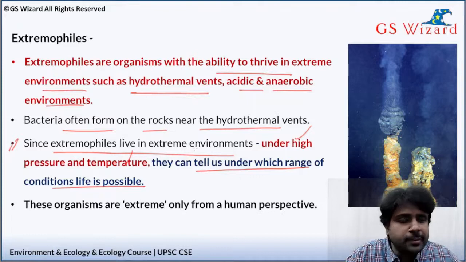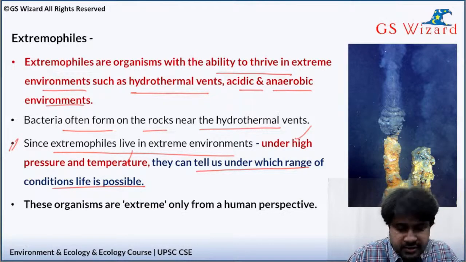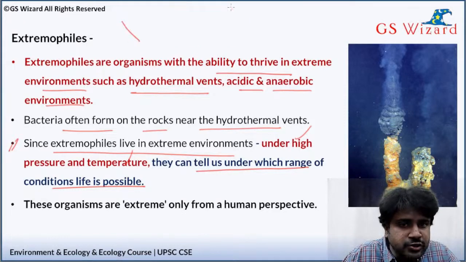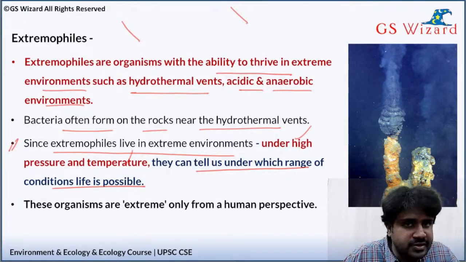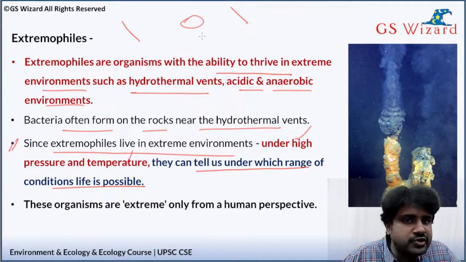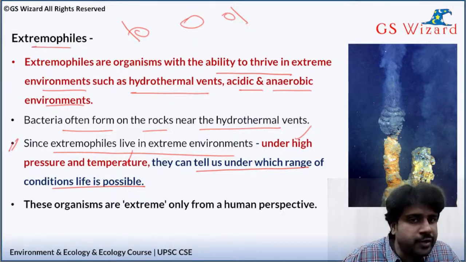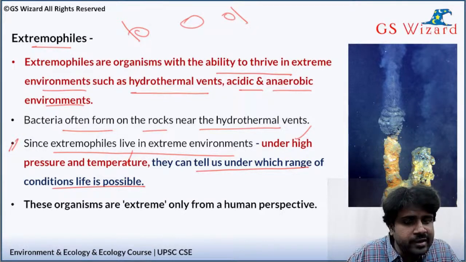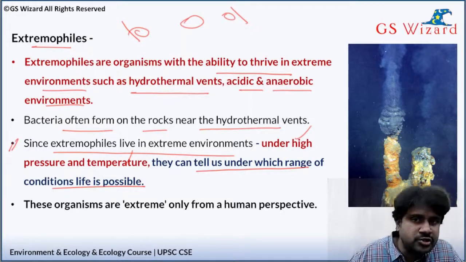That means life can only exist in few places. For example, this is the range of conditions in which life can exist. These are the normal conditions in which you and I live, and these are the extreme conditions in which extremophiles live. But even these extremophiles, which are mostly microorganisms, can only tolerate a certain range of extreme conditions.